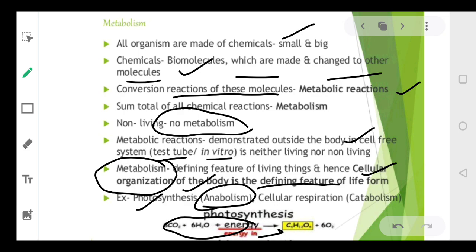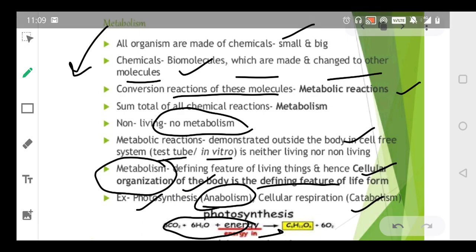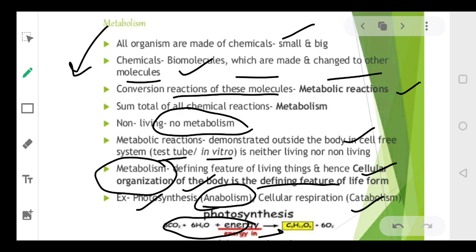And when we are breaking down a bigger molecule into simple molecules, then we call it catabolism. So metabolism contains two basic words, anabolism as well as catabolism, right?